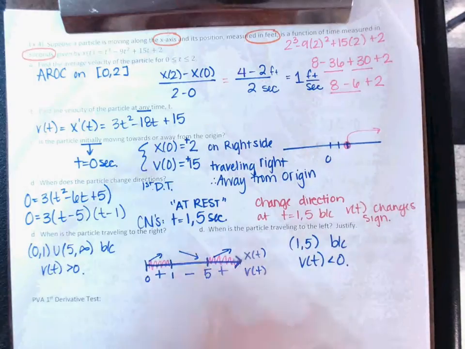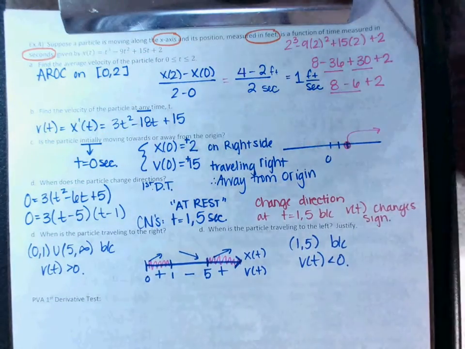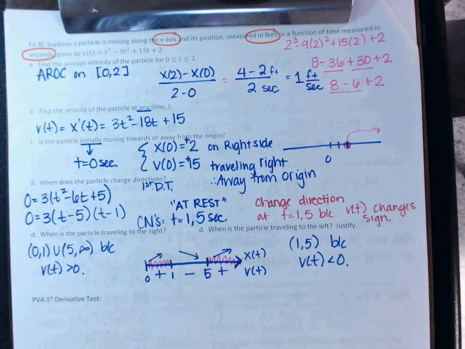Okay, so think about, I'm the particle, pretend, and this is my number line. What do I do first? I go forward, then I go backwards. Was I just farthest to the right? Yeah? Then I go backwards because I'm negative, then what do I do? Did I have a farthest to the left side? Yeah? So farthest to the right means you went forward and then you turned around.